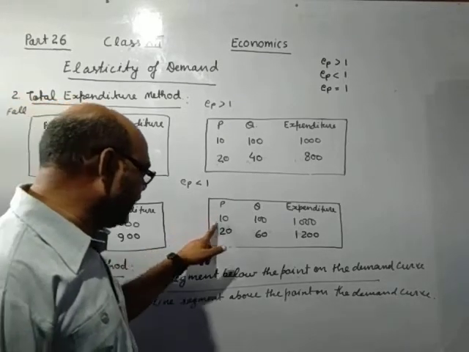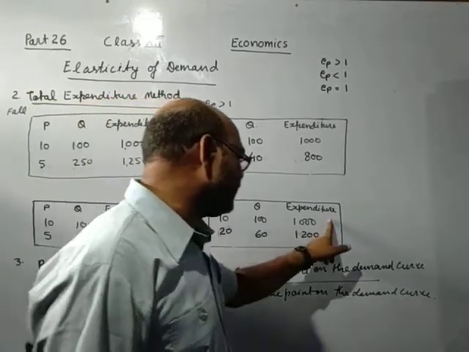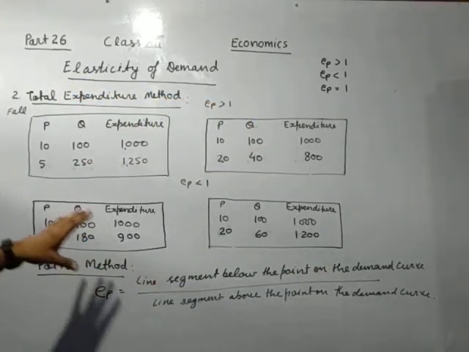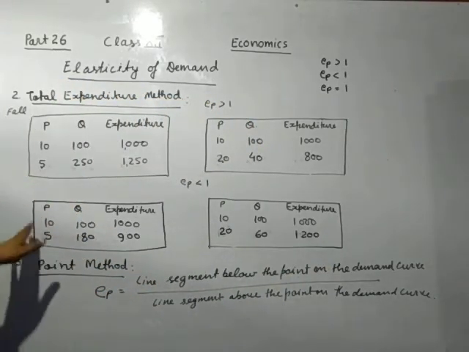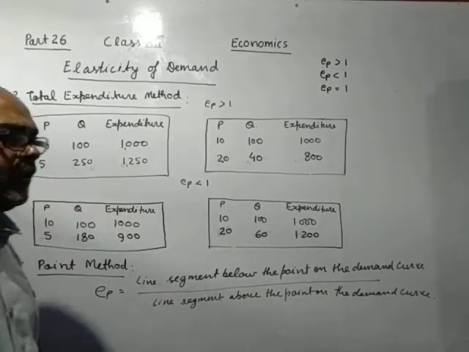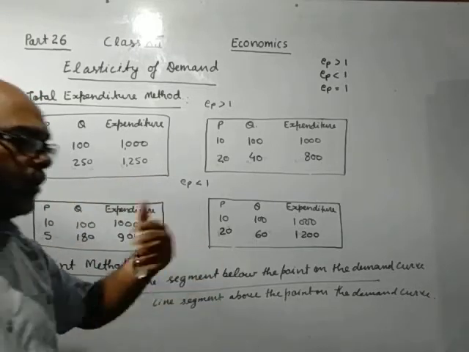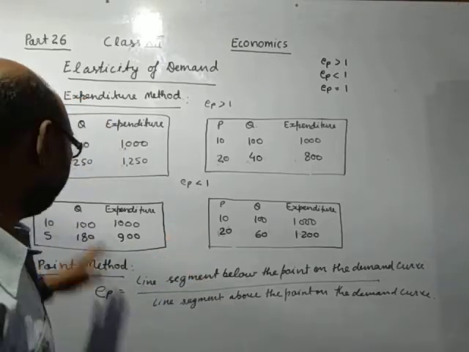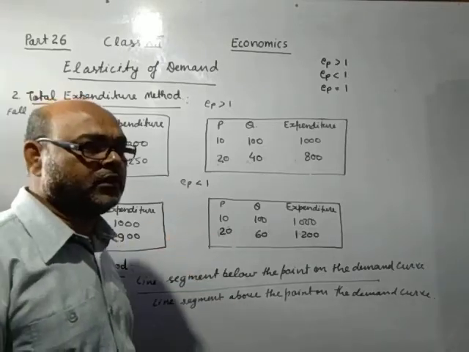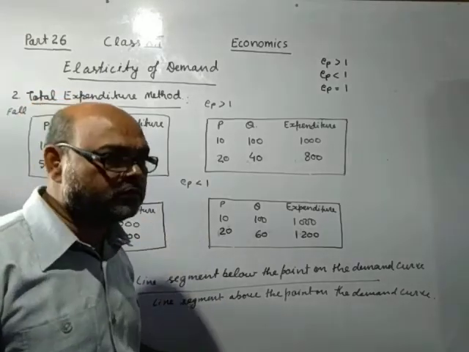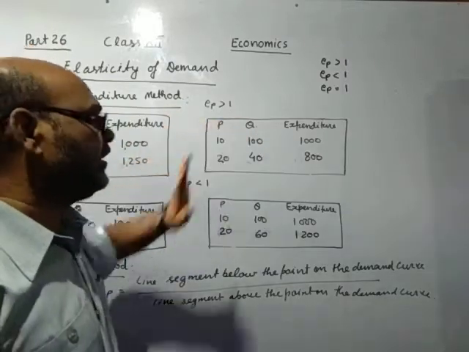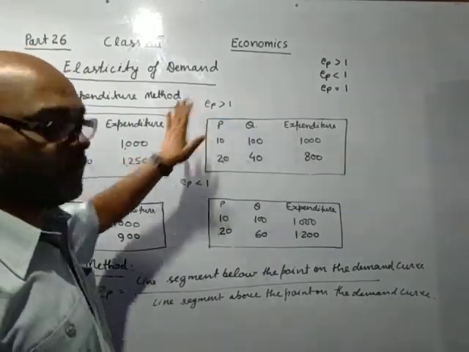Or if the price increases, total expenditure also increases. If there is a positive relationship between price and total expenditure, then this is called inelastic. If there is a reverse relationship between price and total expenditure, this is elastic.